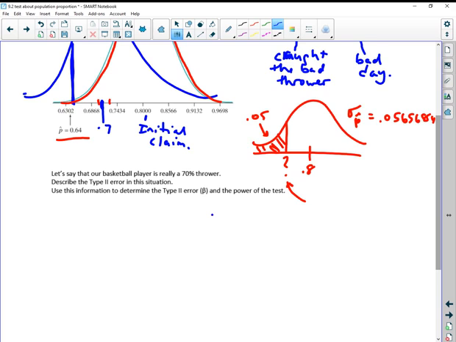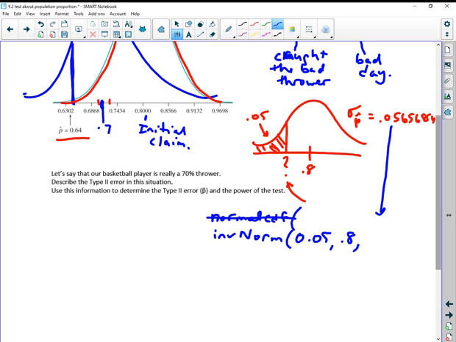Let's write some calculator speak. Normal CDF, oh, wrong command actually, because I want to get the x value on that line, so inverse normal. I want a 0.05. I want to know what point would he have this happen. Now I have to put in the mean, 0.8, and the standard deviation right there.